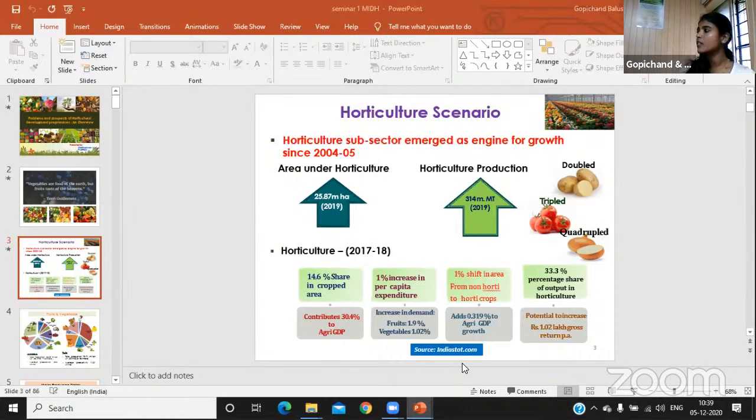There is a 1.9% increase in the demand for fruits and a 1.02% increase in the demand for vegetables. It also added 0.319% agricultural GDP growth, and it has the potential to increase gross returns by rupees 1.02 lakh per annum.